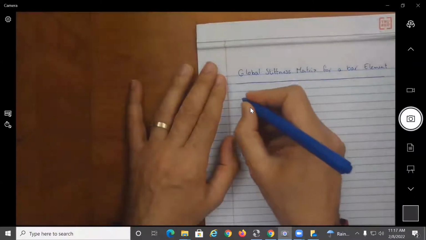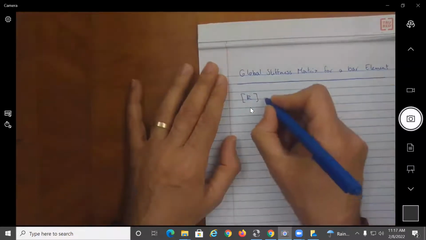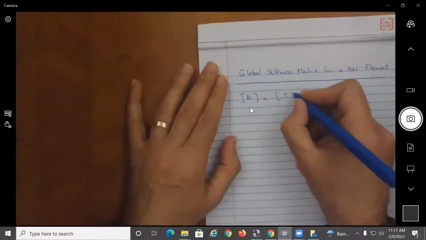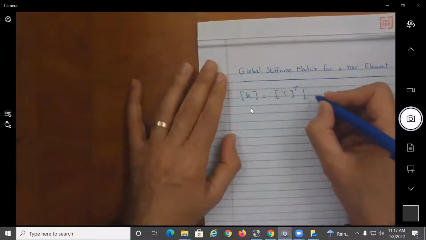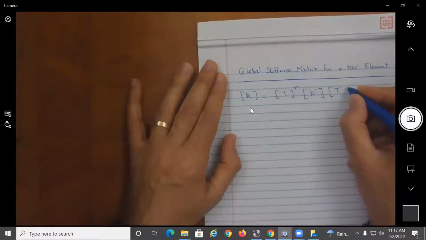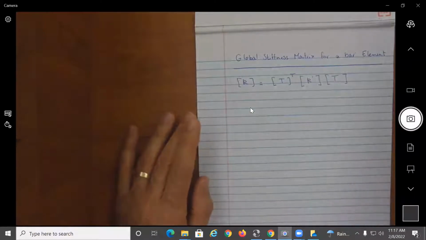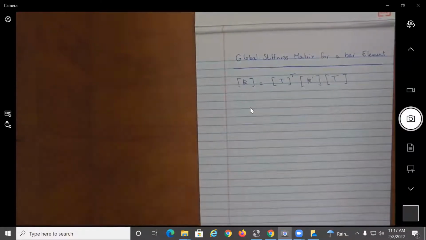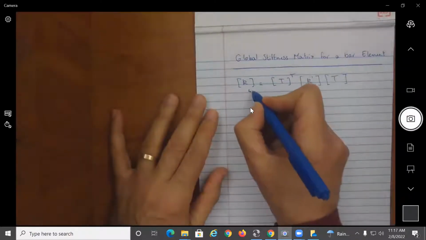And we wrote this as K equals T transpose multiplied by K prime multiplied by T. And we know that this K is a 4 by 4.